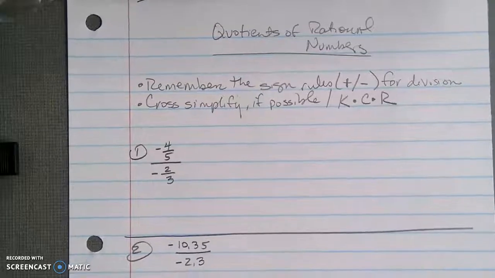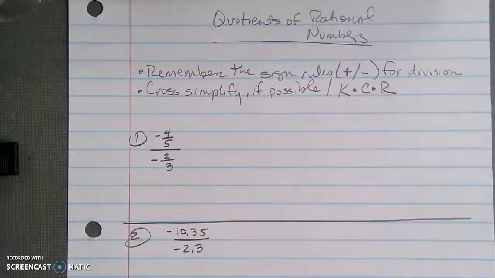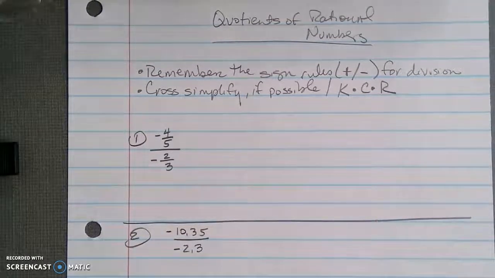All right, so first things first, we have negative 4 over 5 divided by negative 2 over 3. As I tell my students, I want you to try to put this into a form which you recognize a little bit more. This is called a complex fraction, where you have a fraction as the numerator and a fraction as the denominator.